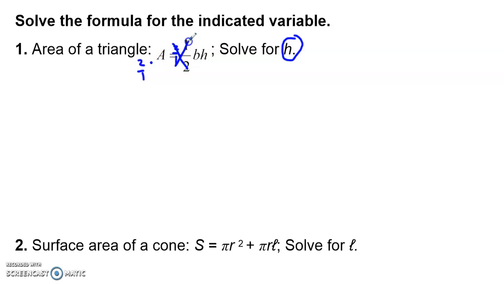So that will cancel this, and will leave us with B and H, and then 2 over 1 is just 2. So 2 times A is 2A. Now B and H are being timesed, so we need to divide. That leaves us with just H on this side and 2A over B.